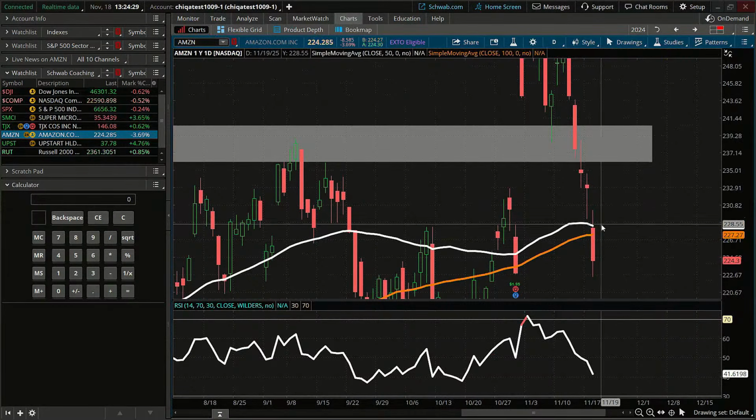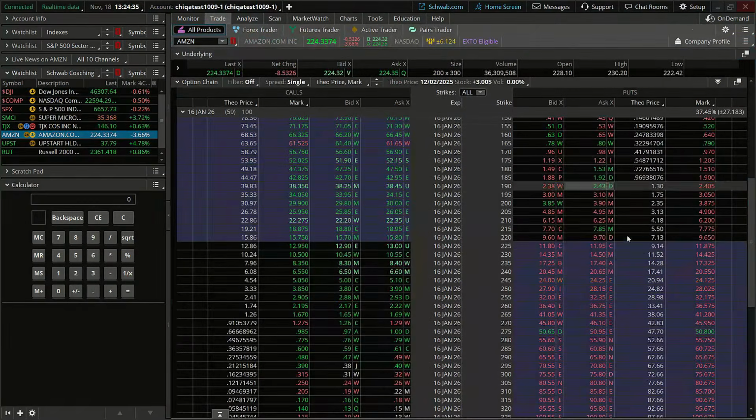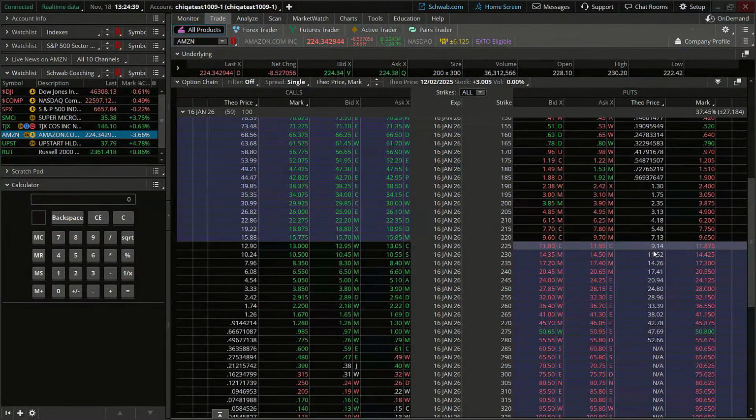So we could say that could be where we stop out our losses. If it moves up $3 or so over the next 2 weeks, the price of our option would be $9.14.